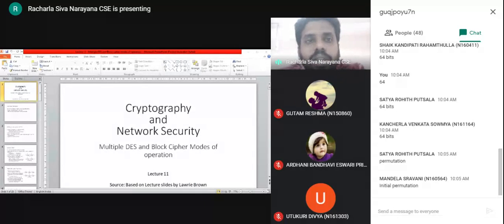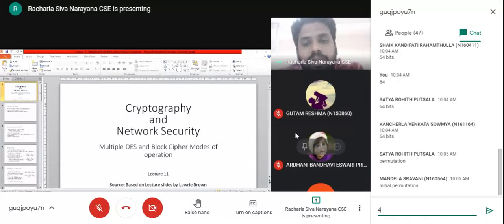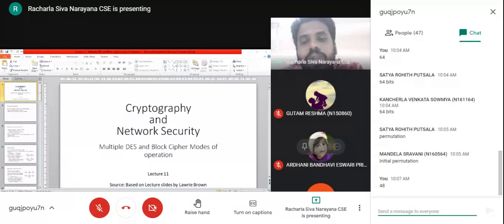The right 32 bits are expanded into how many bits? 48 bits. So the 32 bits are expanded into 48 bits.